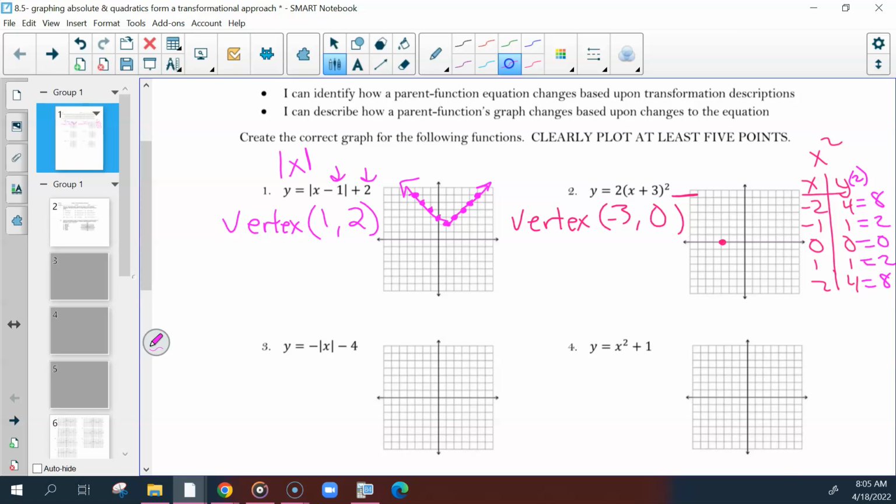I forgot, but we also moved it left 3. So what would have been, since 0 was the vertex, but we have 1, 3. If we move 2 to the left, we would just go up 8. Here we go off the graph.